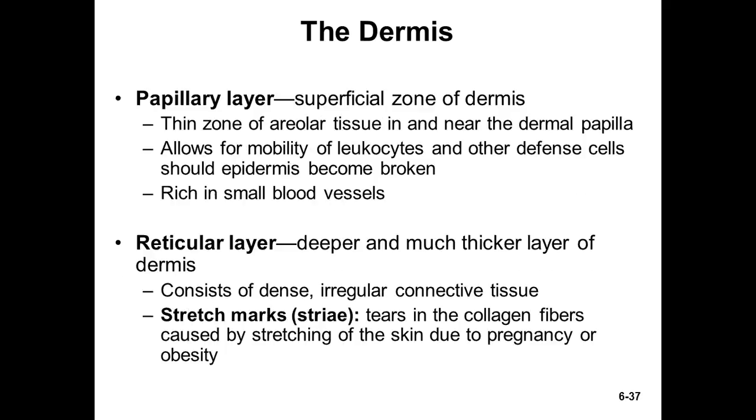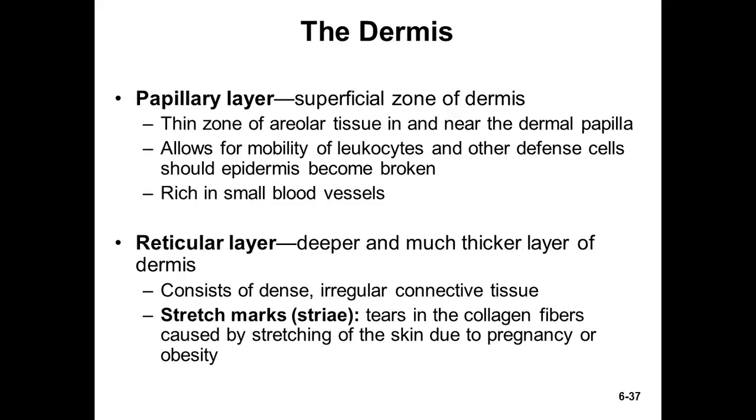Okay, the papillary layer, you need to know the difference between the two. The papillary layer, which, you have both of them on page 186 of your textbook, is the more superficial layer. It increases the mobility of white blood cells.